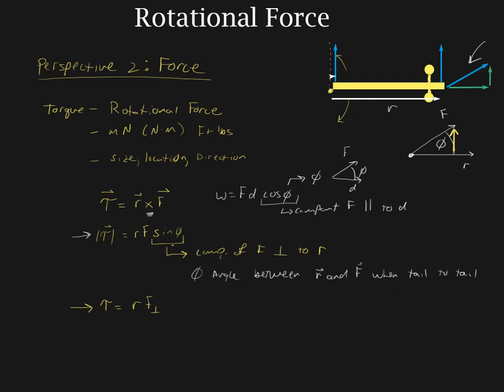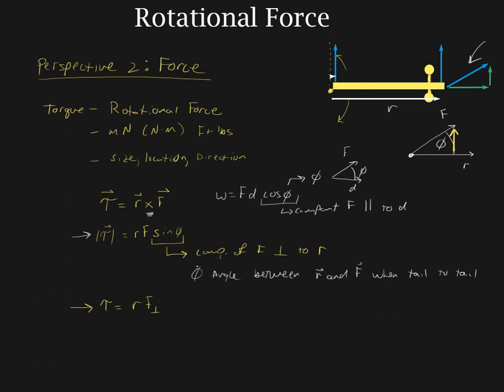However, when you read your textbook, or if you go on the internet, or possibly talk to some of your friends who are maybe even at another school, you're going to be confronted with another perspective on calculating the torque.